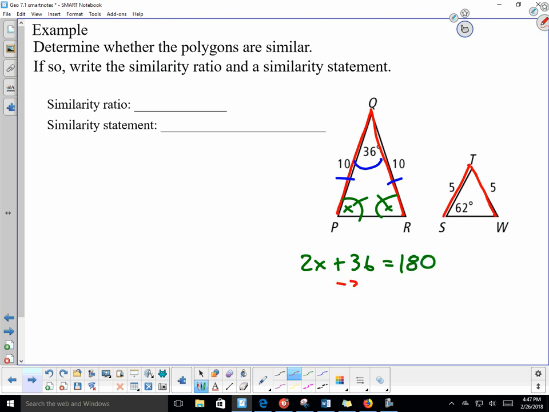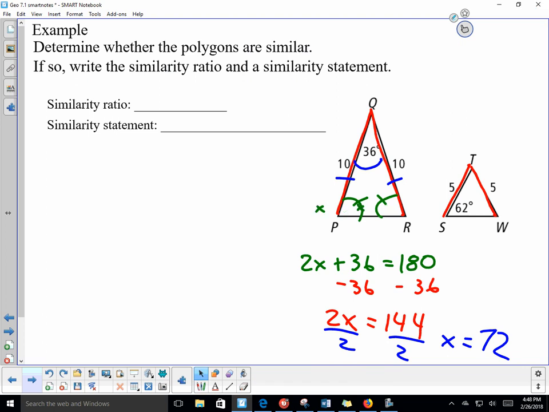If I subtract 36 from both sides, I get 2x equals 144, and then dividing both sides by 2, I get x equals 72. So that means this angle is 72 degrees and this angle is 72 degrees.